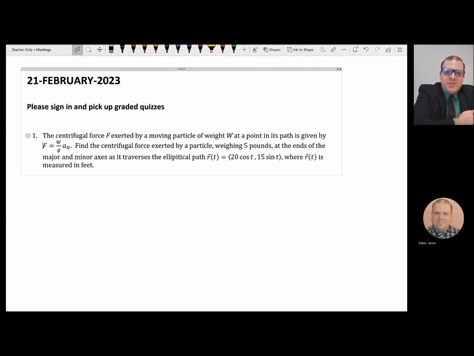Right, so centrifugal force is weight divided by acceleration due to gravity, that's little g, all times the normal component of acceleration.